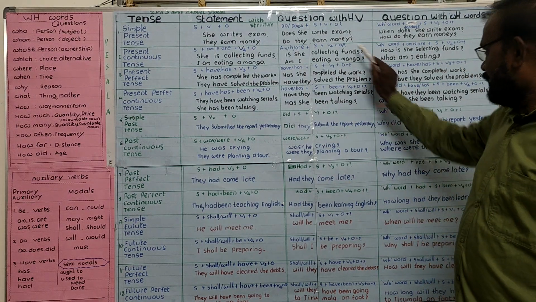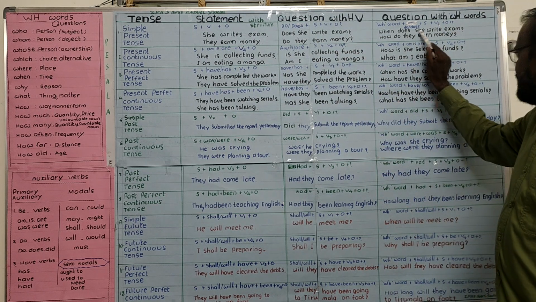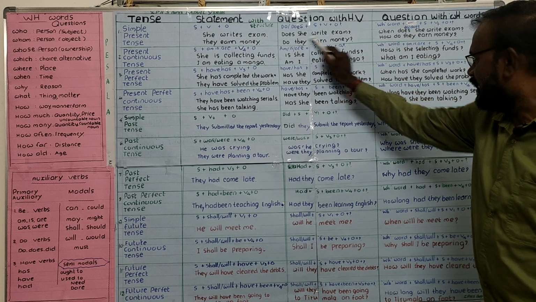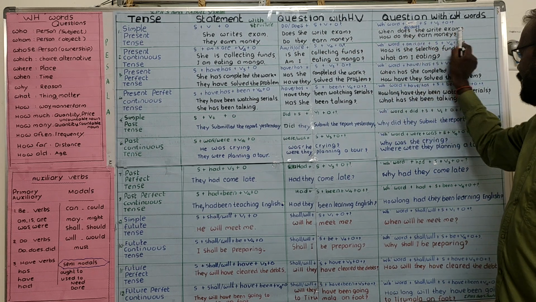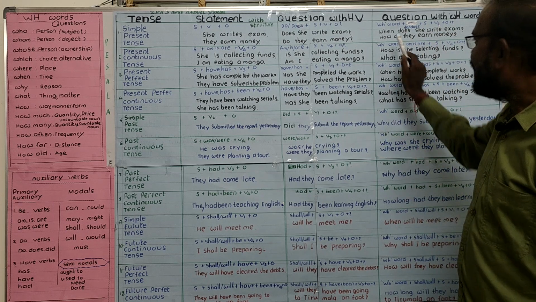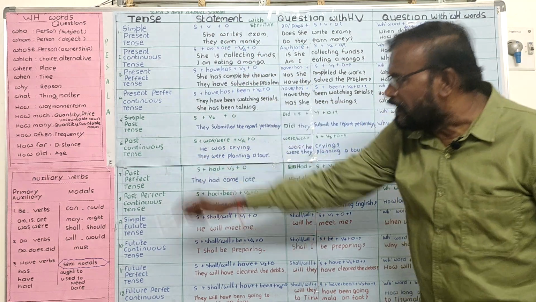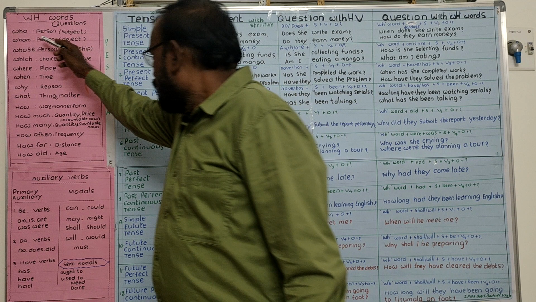And for these questions, here see, does she write the exam? Here I have written, on the basis of the meaning that it contains, we use the right form of WH word. Here see these WH words.